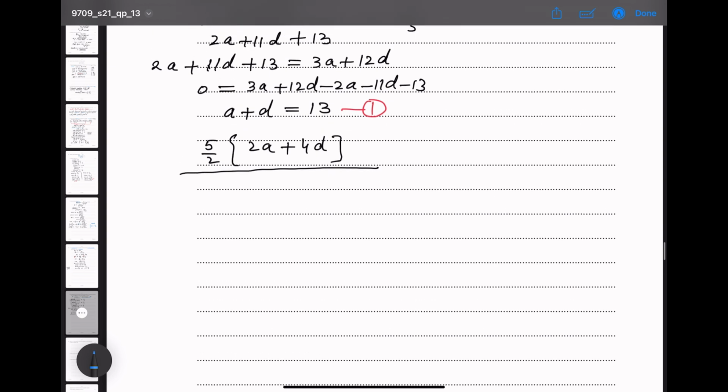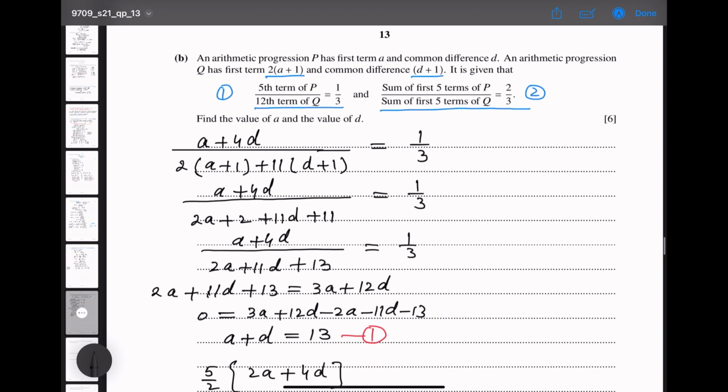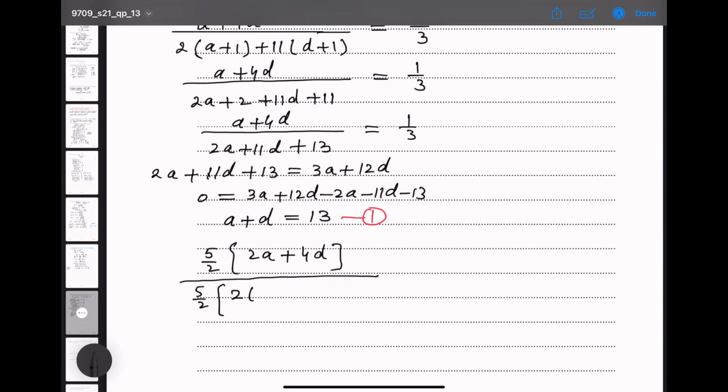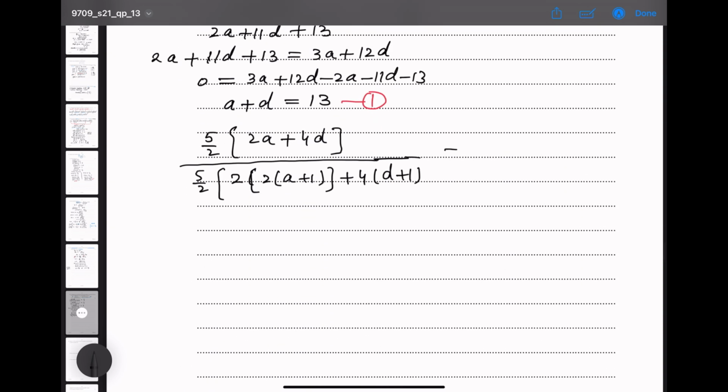So using the same formula, this becomes 5 over 2 into 2 into A plus 1 plus 4 into D plus 1. It is given that the ratio is 2 over 3.